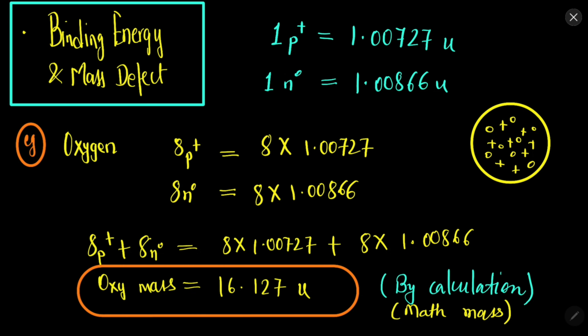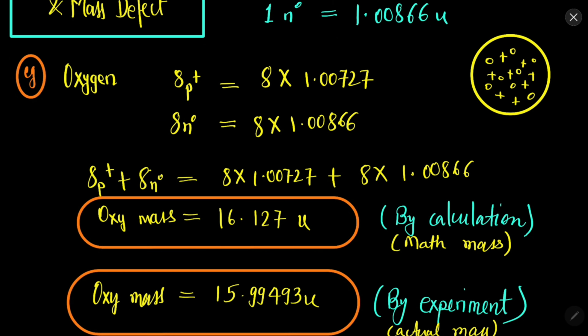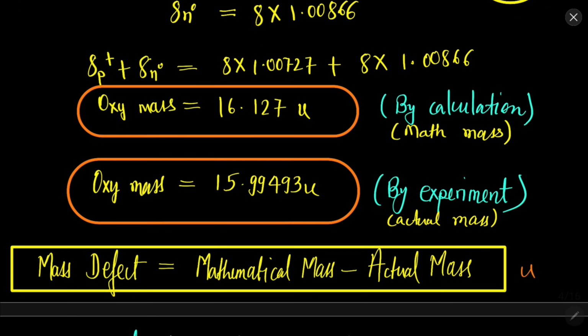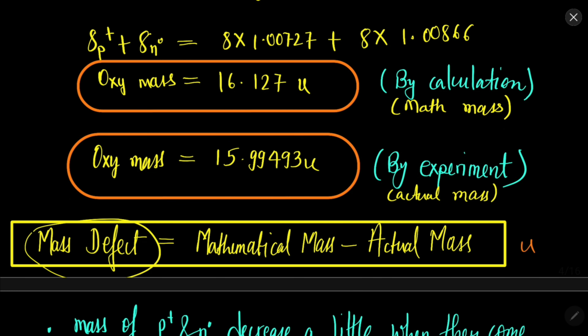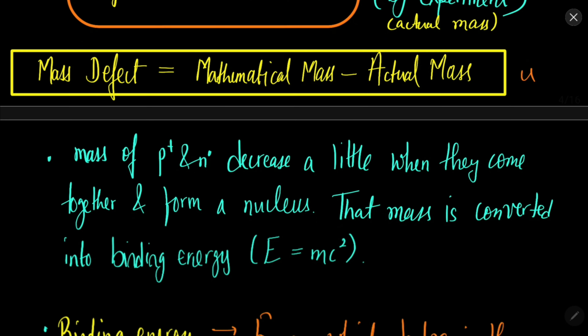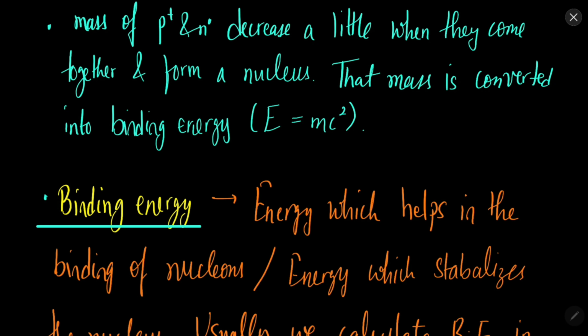What is actually happening is that when protons and neutrons come together, their overall mass reduces, and the mass that is reduced is called the mass defect. And where does this mass go? The mass of the protons and neutrons decreases a little when they come together, and this mass defect is converted into binding energy.